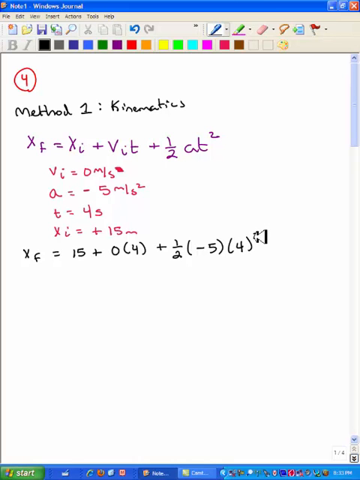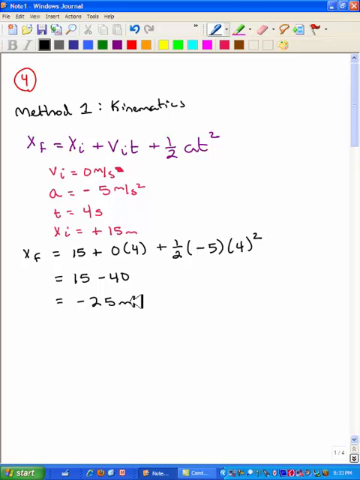So that is 16, negative 80, negative 40, and 15. So 15 minus 40, that is negative 25 meters. In other words, after 4 seconds, the particle has moved from 15 meters in the positive direction backwards 25 meters. So it now sits at negative 25.